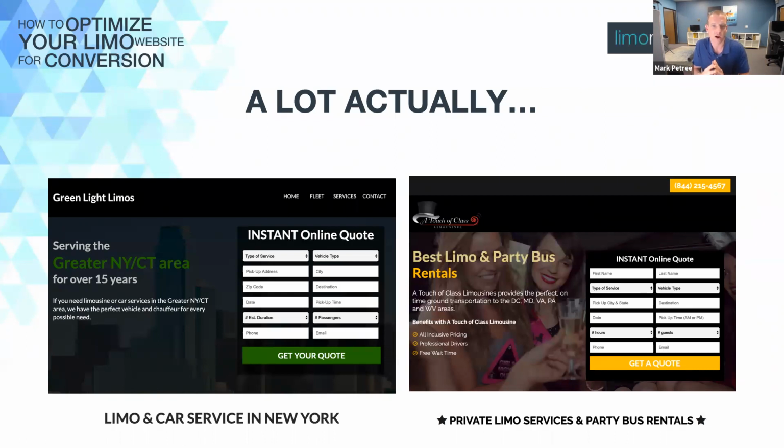And those are having a form above the fold. So you'll notice both of these here have a form as soon as you land on the page that says instant online quote. Okay, so that's number one. So they've got a form above the fold, and above the fold just means before they start scrolling.